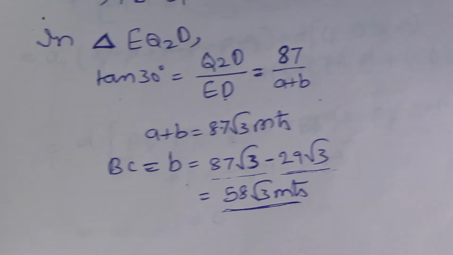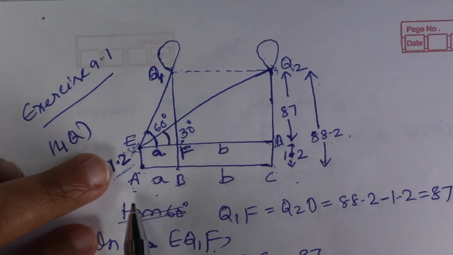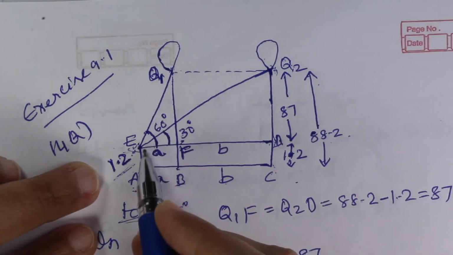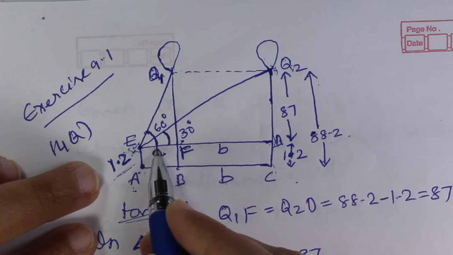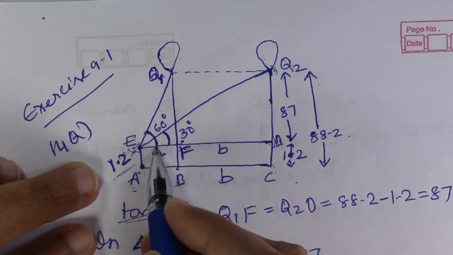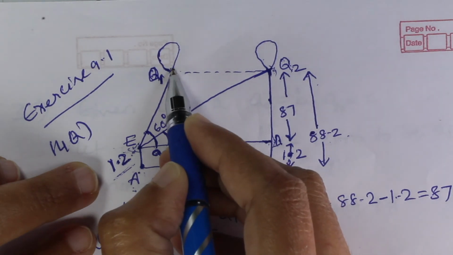I will explain the solution once again. There is a 1.2 meter tall girl standing here and looking at the balloon. The angle of elevation at the beginning is 60 degrees. So this is the angle of elevation when the balloon was here.